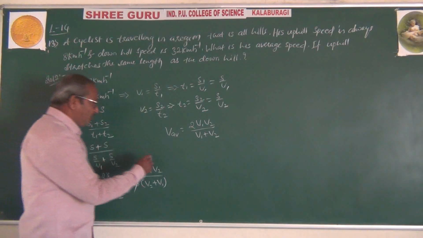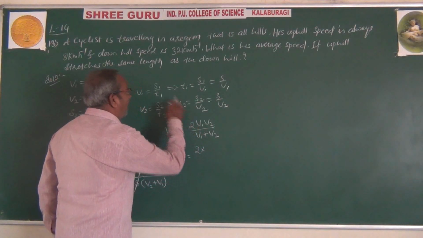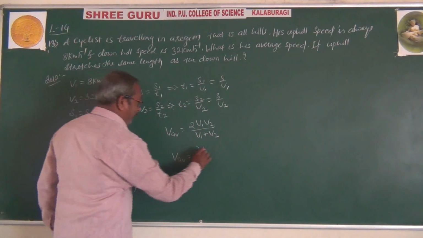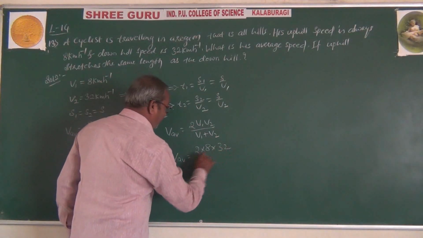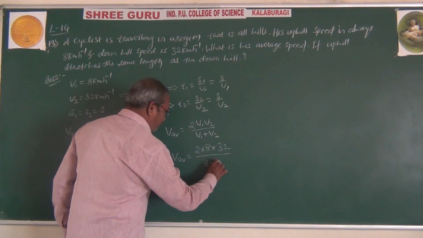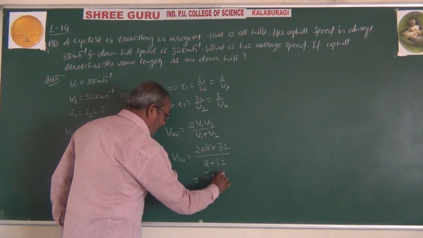Now substitute the values. V is equal to 2, V1 is 8, V2 is 32, divided by 8 plus 32. This is 2 into 8 into 32.